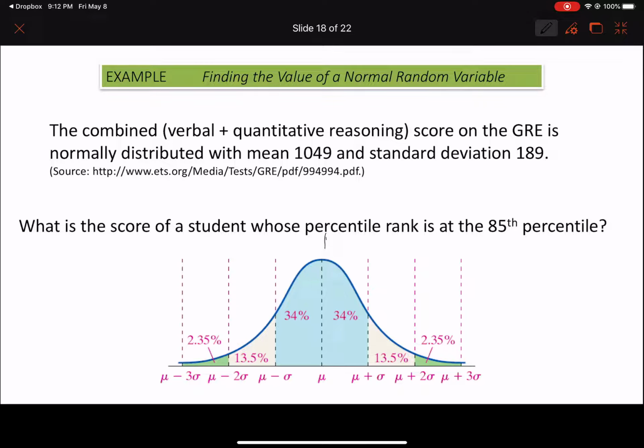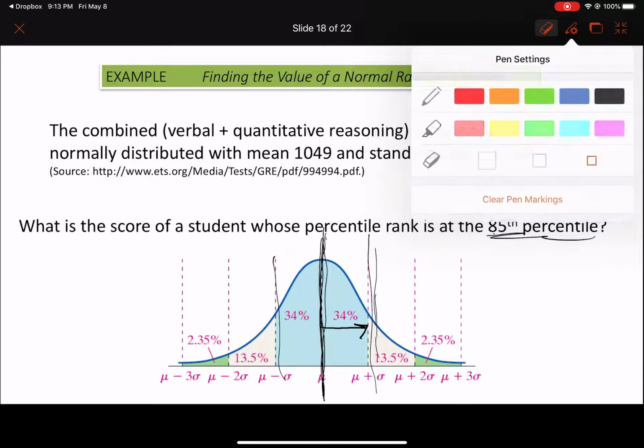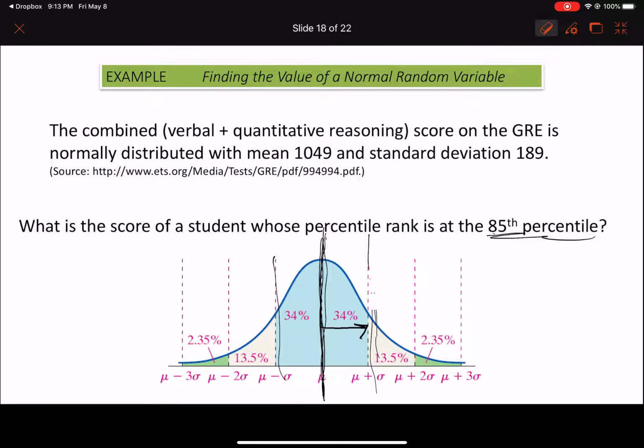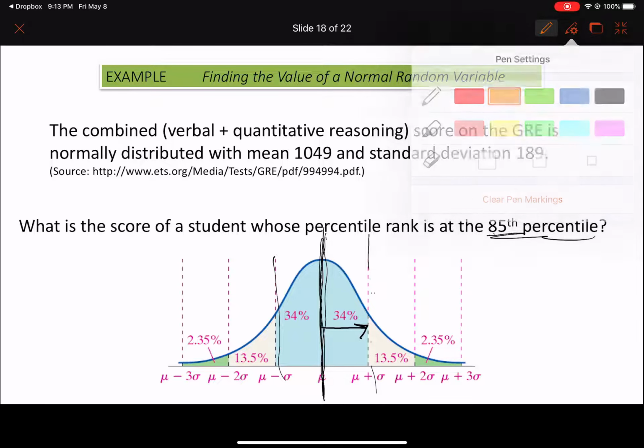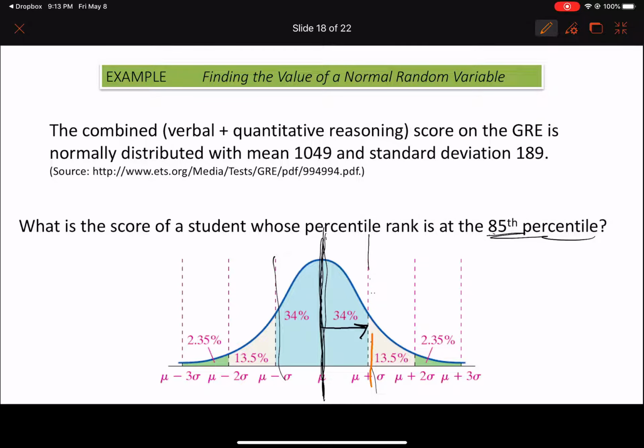So we know that 50% lies above the mean and 50% lies below the mean. Since this is that 68% within one standard deviation, if I add the 34 to 50, I get 84. So I know that the 85th percentile is just slightly outside that one standard deviation. So that 85th percentile is going to be right about here.